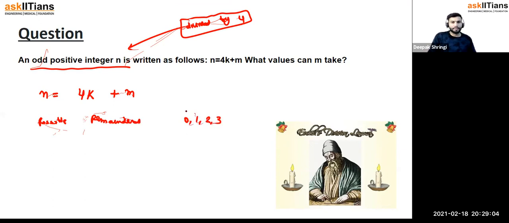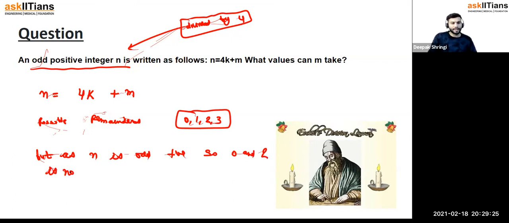Because when you are dividing a number by 4, you can get the remainder either 0 or 1 or 2 or 3, right? But as we are talking about n being an odd positive number, 0 and 2 are not possible.